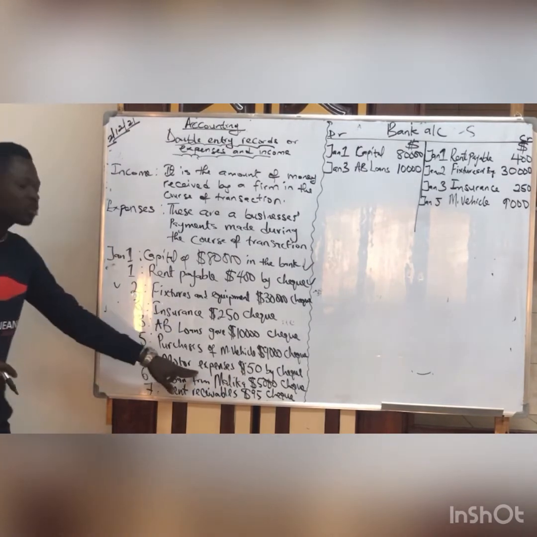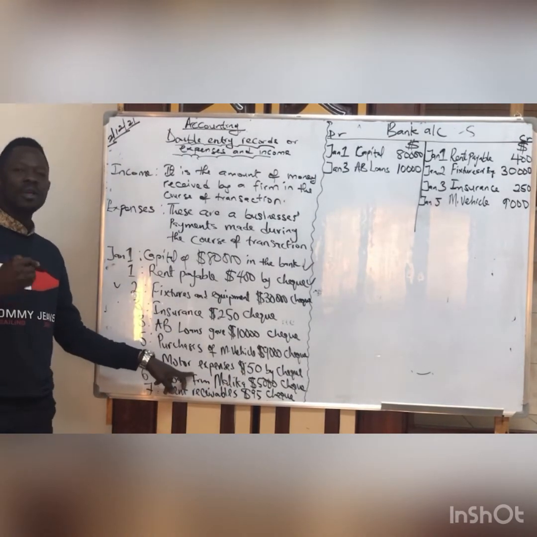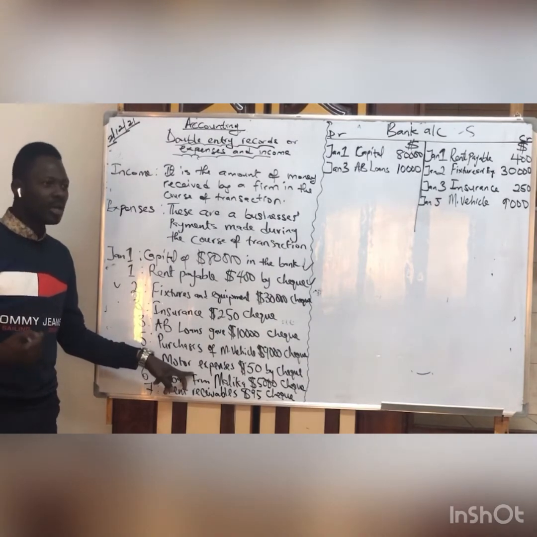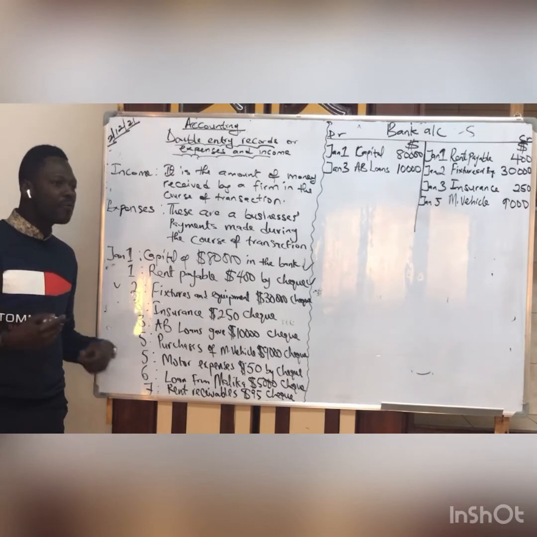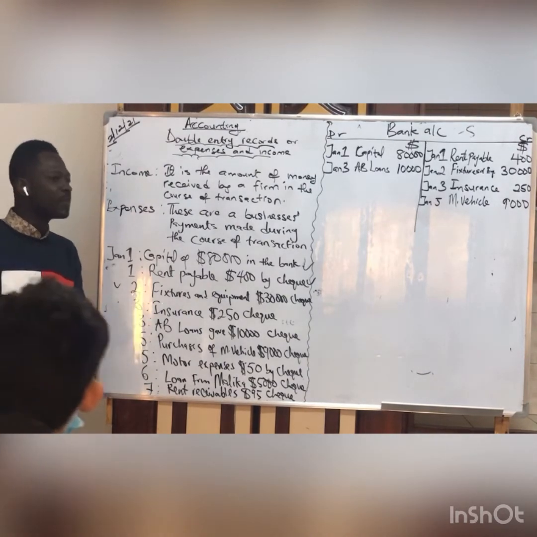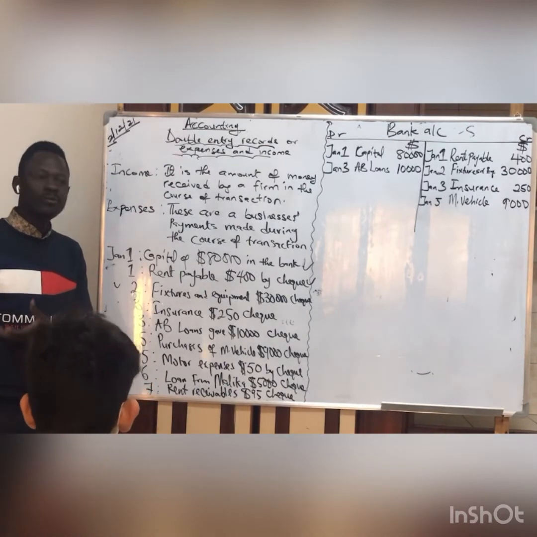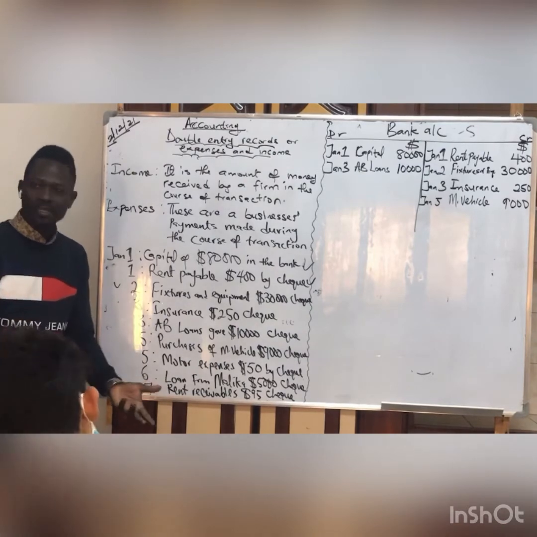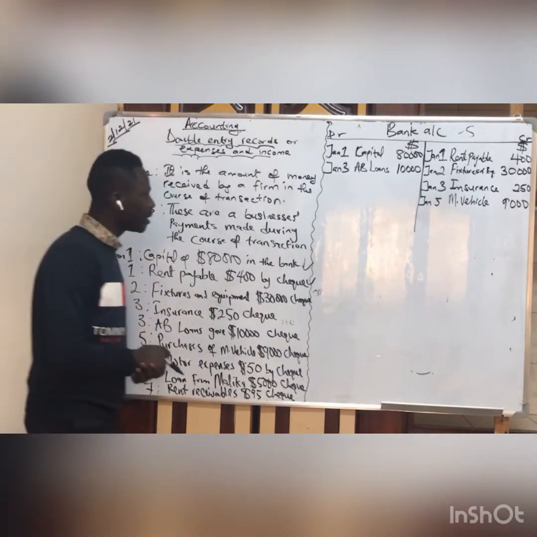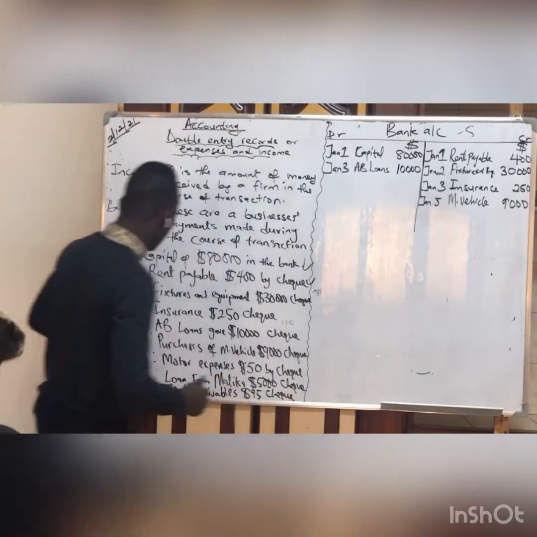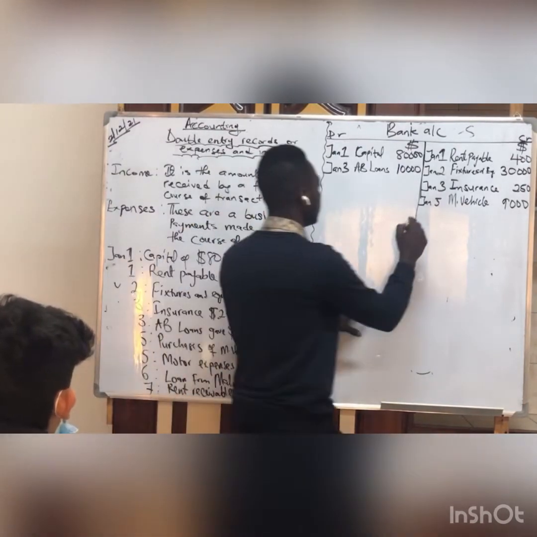Then on the 5th, there's motor expenses. There's a difference between buying a motor vehicle and paying for expenses on the motor. Paying for motor expenses is an expenditure. It's an overhead, maintenance. But a motor vehicle is what? It's an asset, right? Yes. So now on the 5th again, motor expenses $50. Yeah, credit.